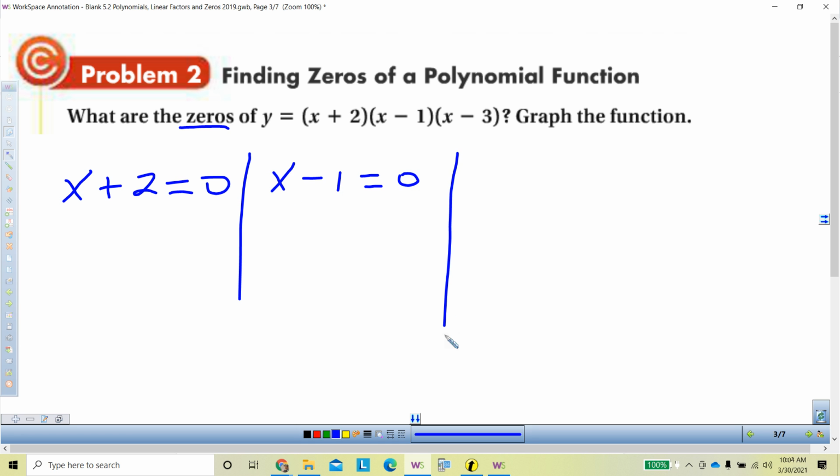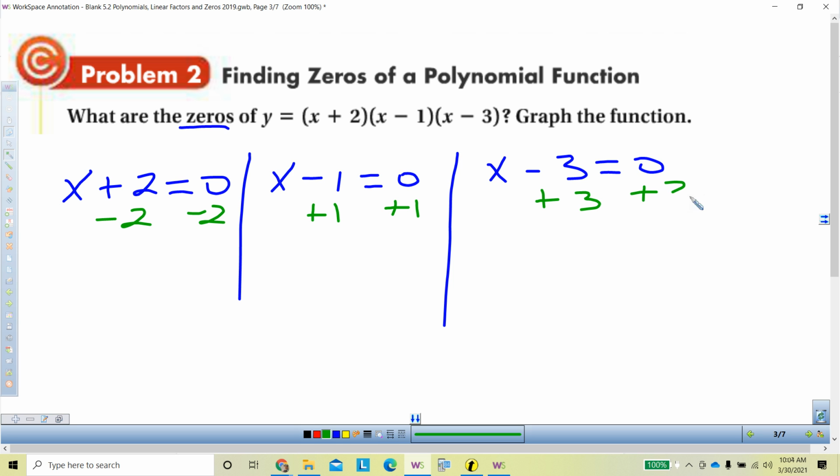This is a step I won't show again because all you have to do is switch the sign in the parentheses. Which you can tell with the green stuff, that's what I'm doing, right? I'm getting the number part over to the other side and the sign's going to switch just naturally as the problem happens.